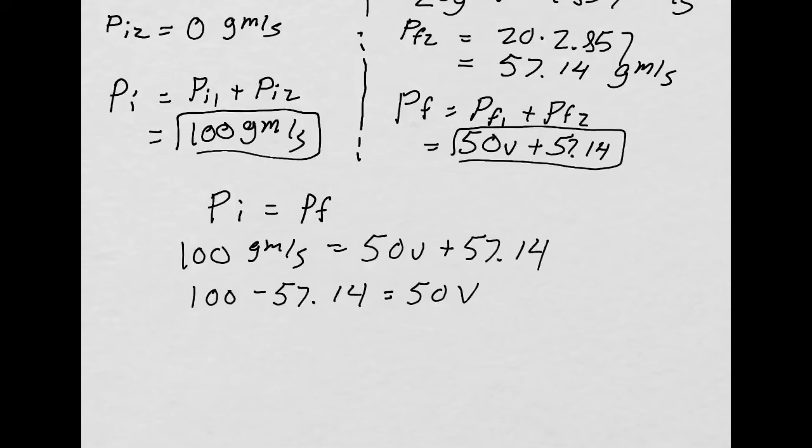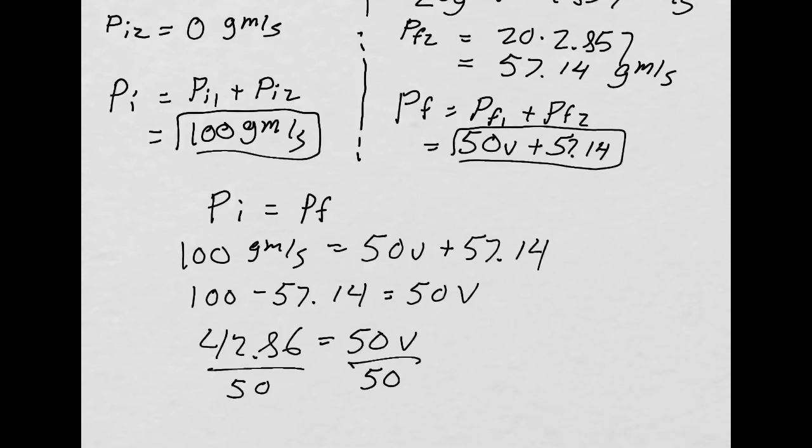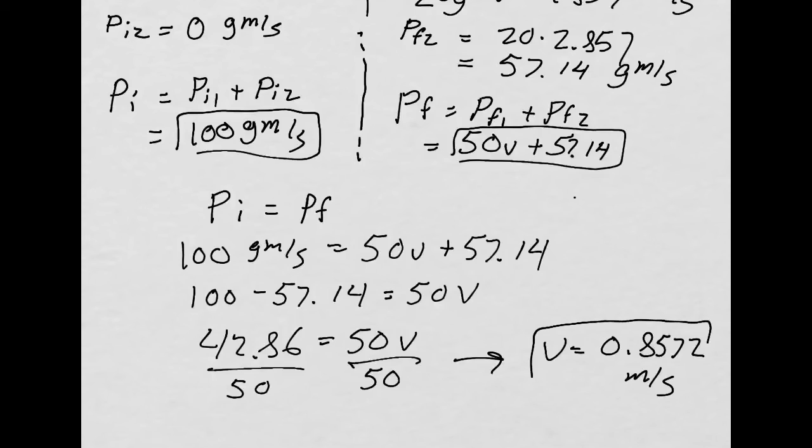So 100 minus 57.14 in our calculator is 42.86, which equals 50V. If we divide both sides by 50, we get that V is equal to 42.86 divided by 50, which is 0.8572 meters per second.